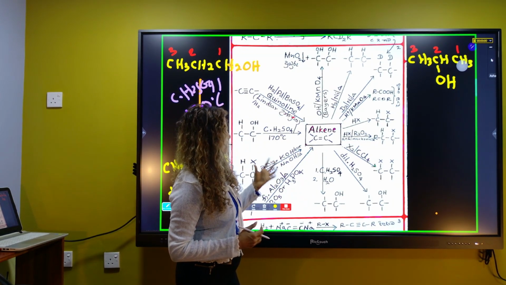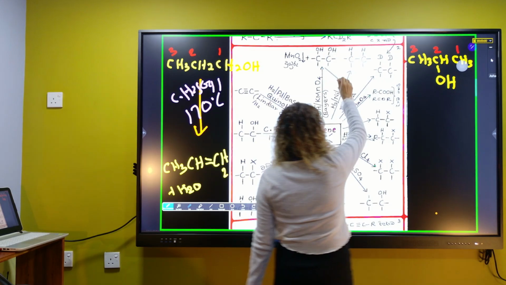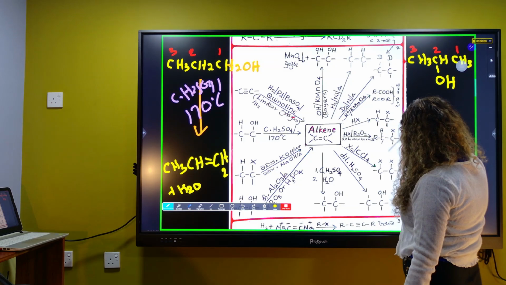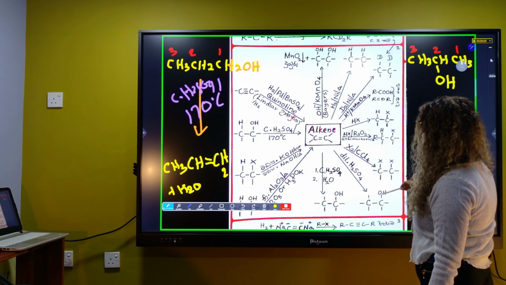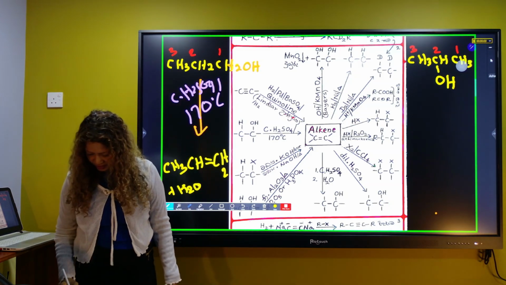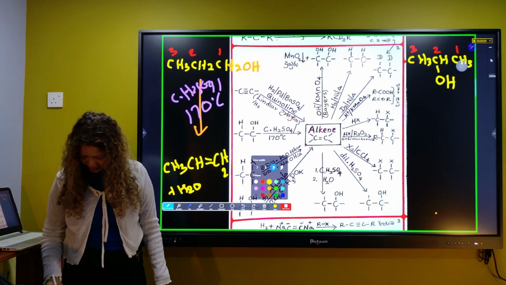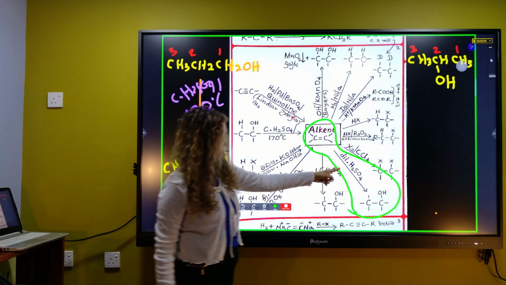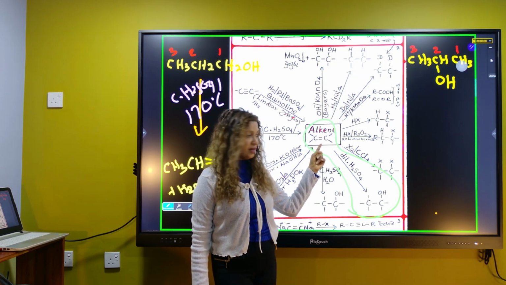I'm going to find out whether there is any possibility that one OH group joins here and one H joins there. Yes, I found it: dilute H2SO4 with heat. With dilute H2SO4, the double bond breaks in an addition reaction.